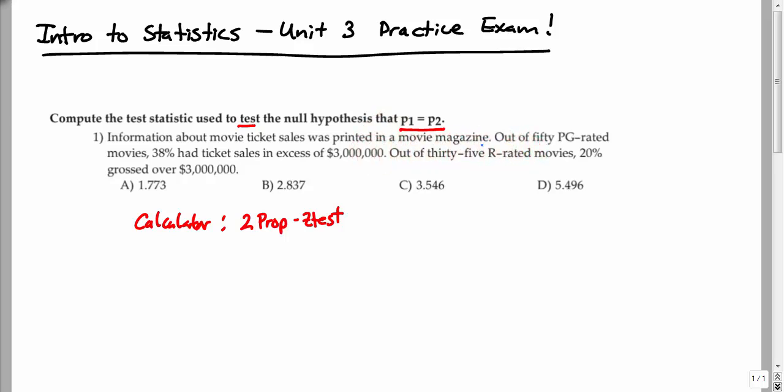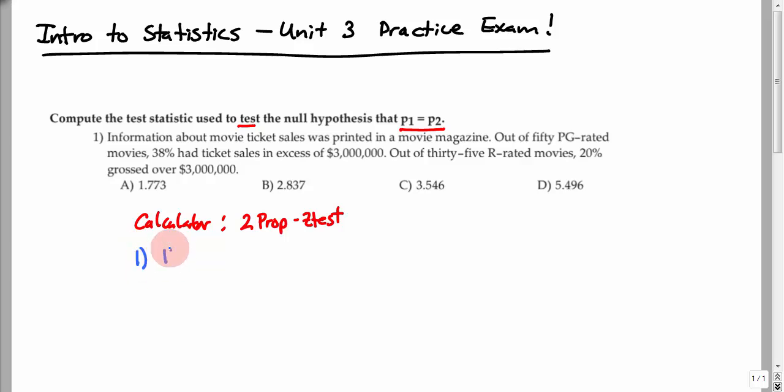If you get them mixed up, you'll just get the negative value. So let's say our answer here was 1.773. If you did the problem backward, with P2 and P1 incorrect, you'd get a negative 1.773. If that happens, that's just telling you that you have the directions incorrect. So let's get started.